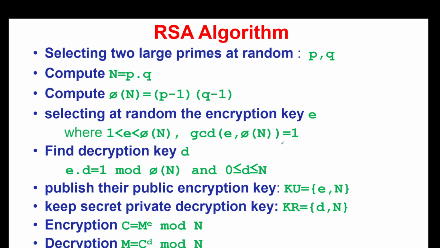Let us recall what we need to do. First is the selection of large prime numbers p and q, and n equal to p times q. We compute phi of n equal to (p minus 1) times (q minus 1).